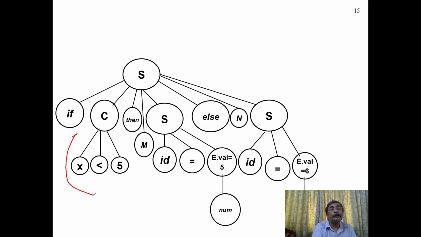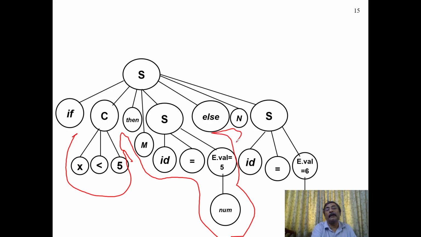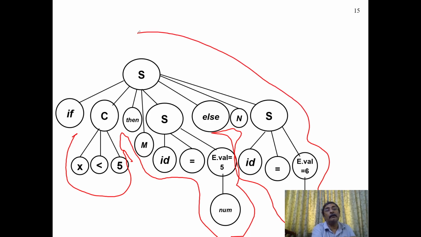If this one, then of course you go there, then this one, then you go to else and N, and then come back. That's what it is. So let us look at the reduction steps one by one.